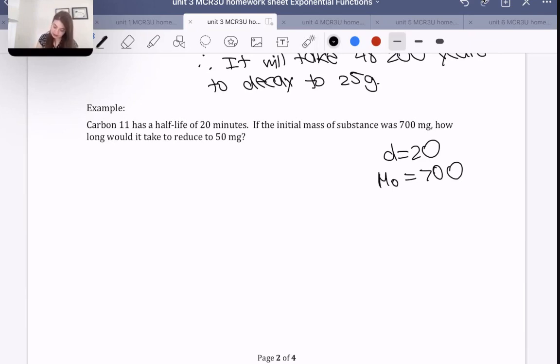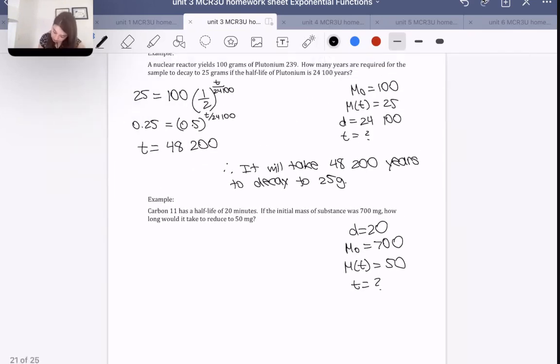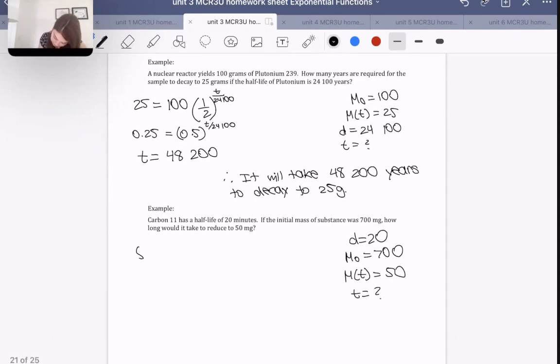How long would it take to reduce to 50 milligrams? Again, t we don't know. So let's do it. 50 is equal to 700 times a half to the power of t over 20.